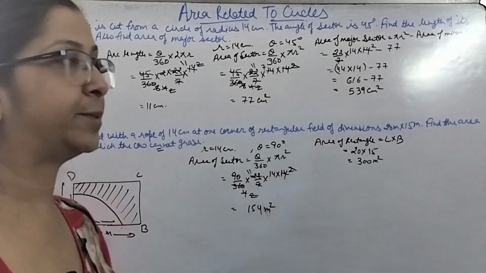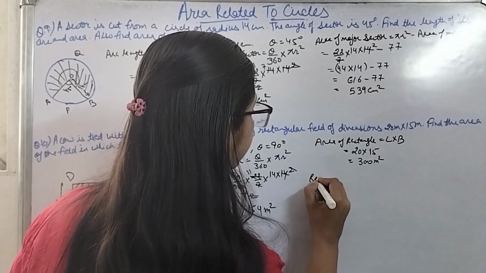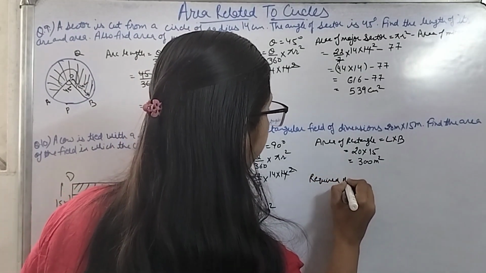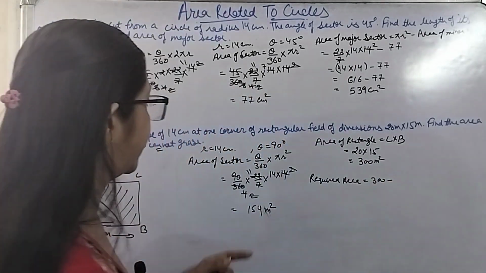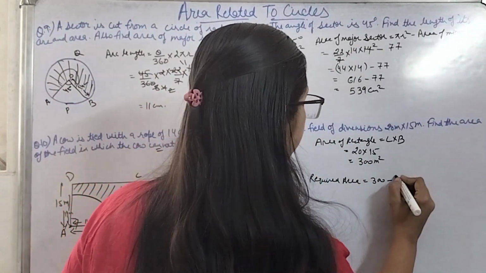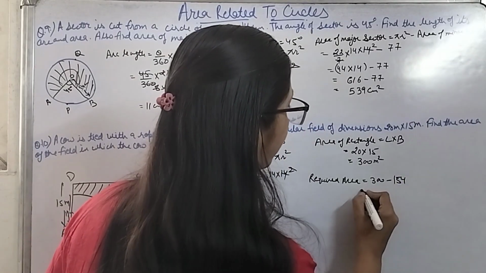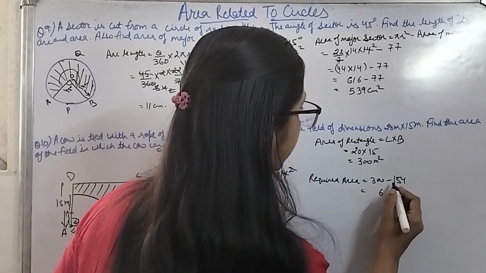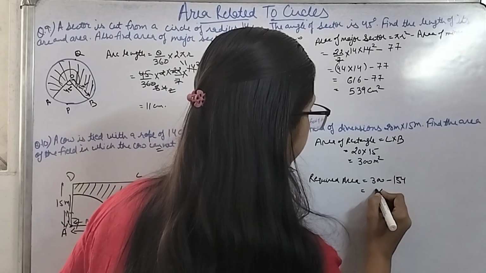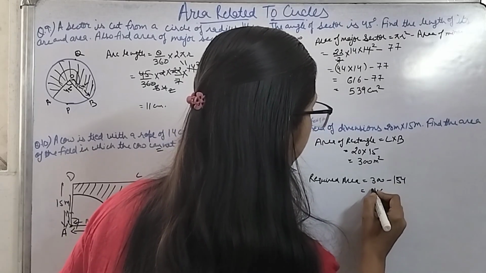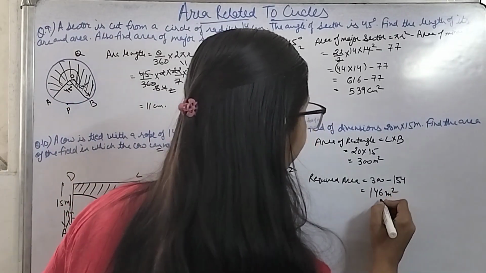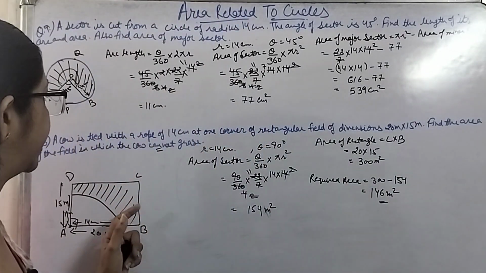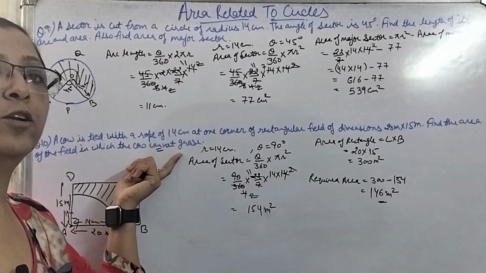So required area is the area of the rectangle, that is 300, minus the area of the sector, this is 154. 10 minus 4 is 6. 9 minus 5 will be 4, and it is 146 meter square will be the required area, or the area where the cow cannot graze.